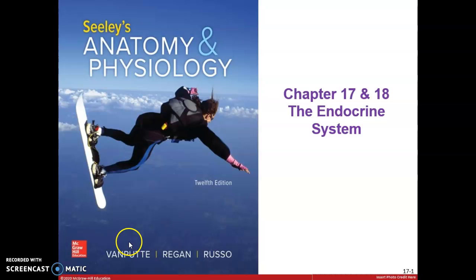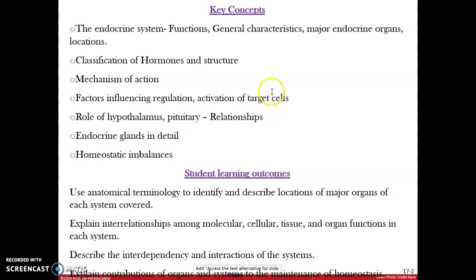structures. Remember, you have available these slides in your course material, course content, and we're going to be focused on the endocrine system, the functions, its characteristics on the major endocrine organs and locations.